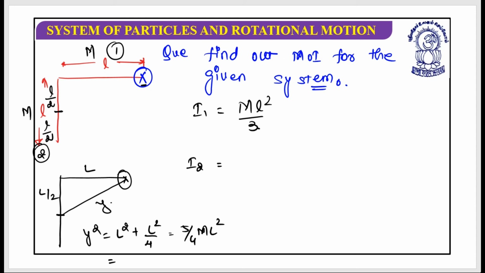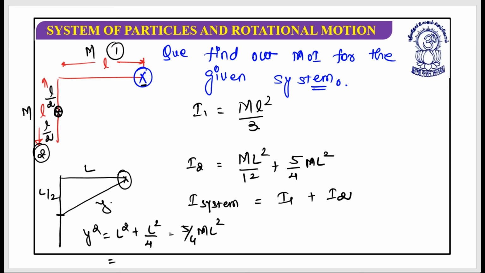So I2 would be, as it is first rotated from the midpoint of this rod, ml square by 12 plus 5 by 4 ml square. This is the moment of inertia of the second rod. So for the total system, the moment of inertia of the system is I1 plus I2.